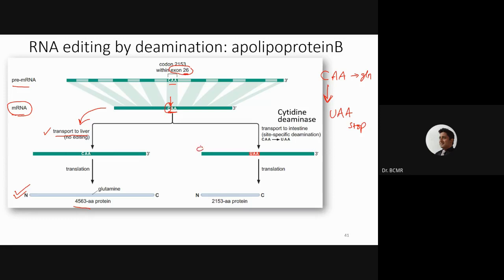So if the ribosome is translating this mRNA and comes here, this stop codon will stop translation, and it produces a truncated protein of about 2,153 amino acids, which has a different function compared to the full-length protein: transport to the intestine. So one gene is producing two different types of proteins. One is a full-length huge protein, and the second is just half the size. And they have different functions.